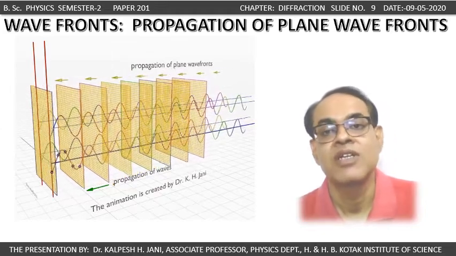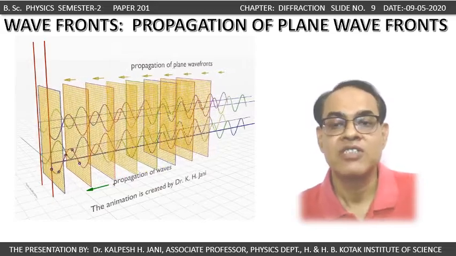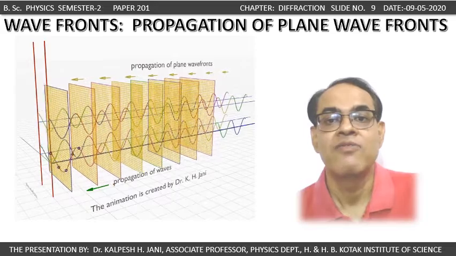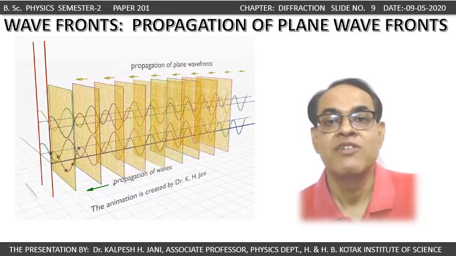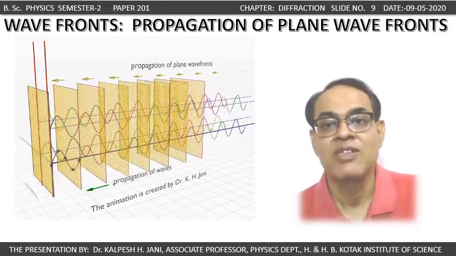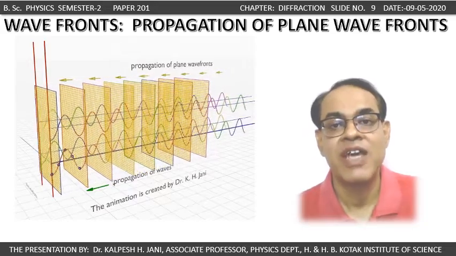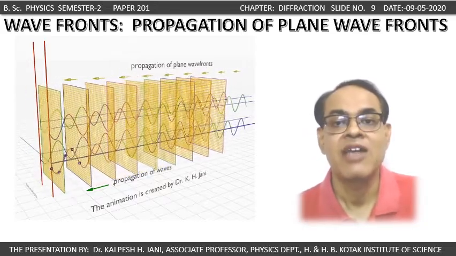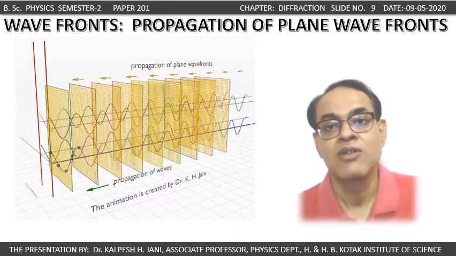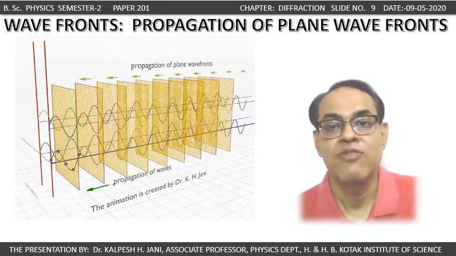It is because in the phenomenon of diffraction, the waves which pass in the vicinity of the edge get deflected, so they do not interact directly with the boundary, even though they are actually affected by the edge of the obstacle. To understand this, we have taken this concept of wavefronts.